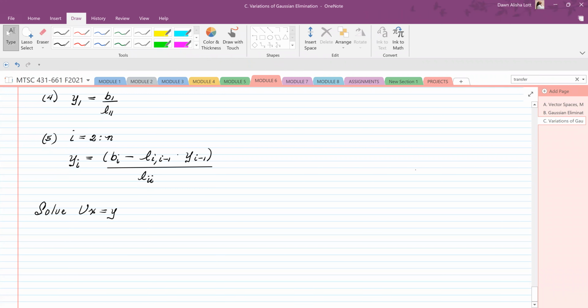And so that would just be x1 would be y1 minus U12 x2. So obviously these are solved in the wrong order. You would get x3 would be y3.